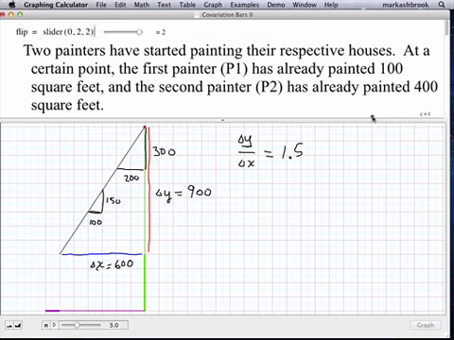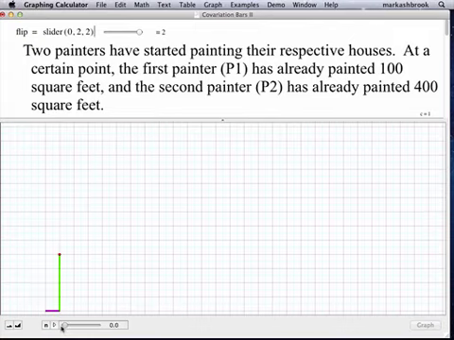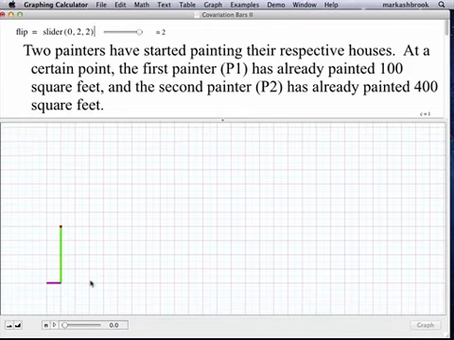Okay, so we said that the additional amount that painter 2 paints is proportional to the additional amount that painter 1 paints. They're varying at a constant rate. So going back to the beginning, if that's true, how is it possible that when painter 1 had painted 100, painter 2 had painted 400?